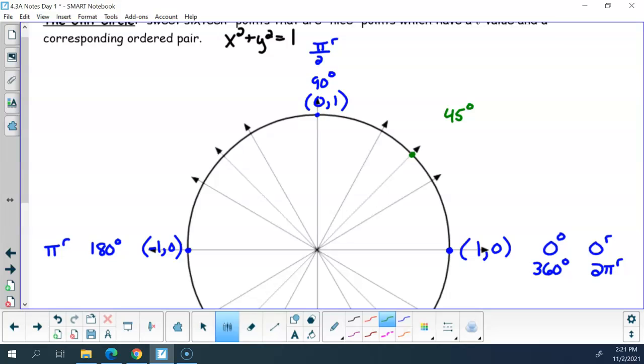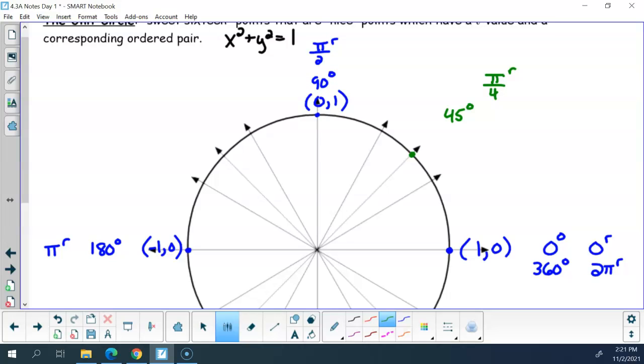Pi over 2 cut in half. Pi over 4. Now, we got to come up with the coordinates. And we want them to be 1/2, 1/2, don't we? But the problem with 1/2, 1/2 is it's not on the unit circle. So it can't be that.